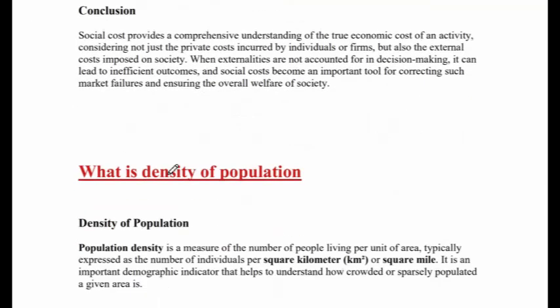In conclusion, social costs provide a comprehensive understanding of the true economic cost of an activity, considering not just the private costs incurred by the individuals or firms, but also the external costs imposed on society. When externalities are not accounted for in decision making, it can lead to inefficient outcomes, and social costs become an important tool for correcting such market failures and ensuring the overall welfare of the society.